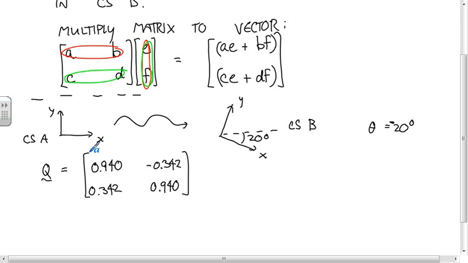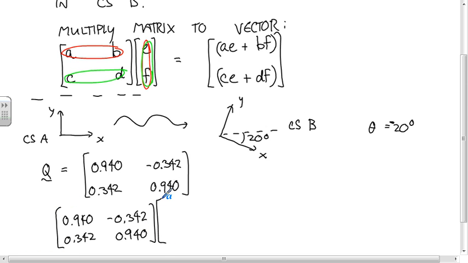And now our new transposed force vector is the matrix 0.940, negative 0.342, 0.342, 0.940, multiplied by our contact force, 50, 196.2.